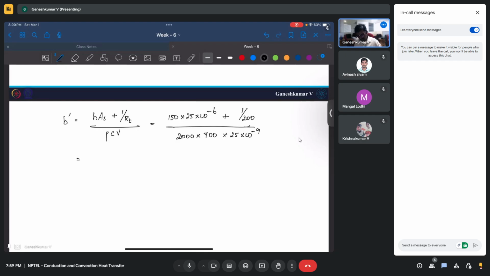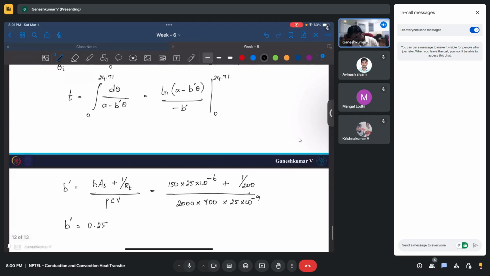So what is the value you will be getting for this? It comes out to be 0.25. This is your B dash. B dash before was 0.1, now it's 0.25.